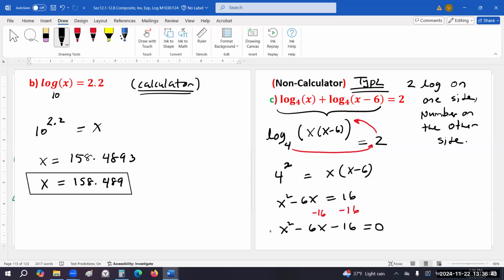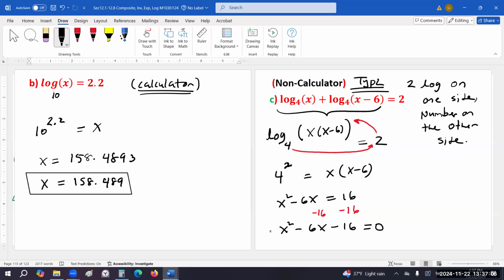See, anytime we have x squared, our goal is to factor. Either you're going to use factoring, if it's factorable, or if it doesn't factor, then you need to use the quadratic formula. But usually in this class, all of these are factorable.